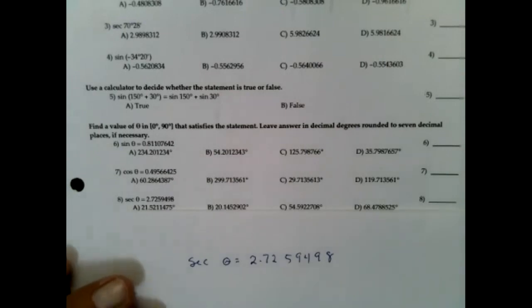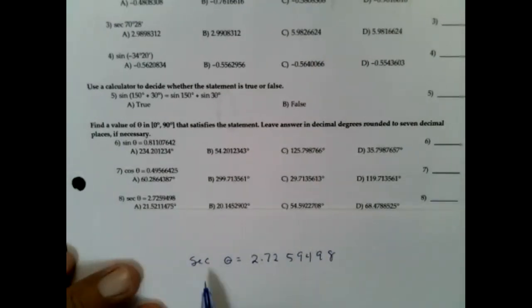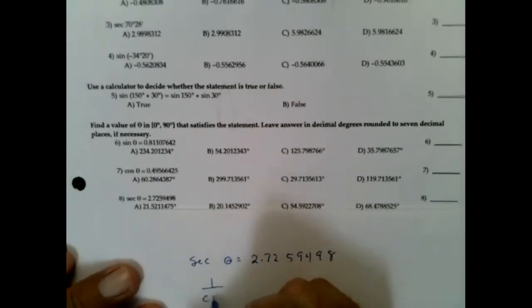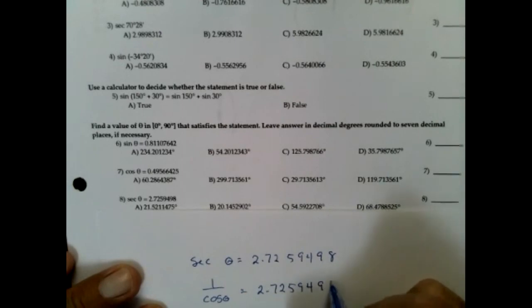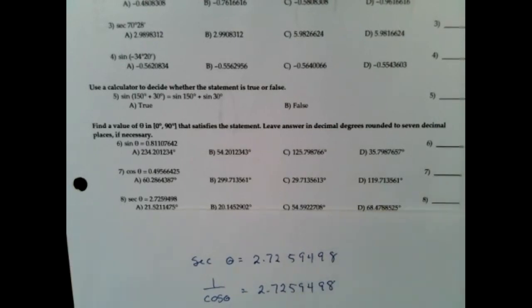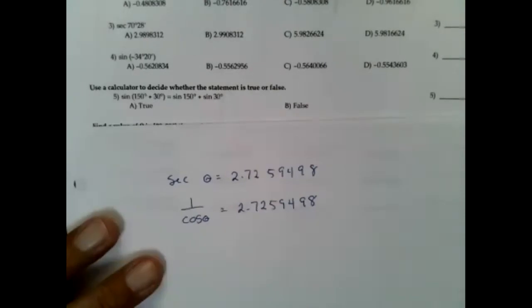I'm going to start with that. Now, the secant is the same as 1 over the cosine of theta, which equals 2.7259498. Well, this guy's going to be a little bit different to work with.